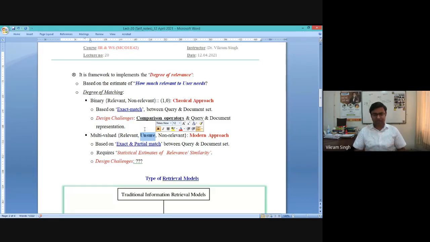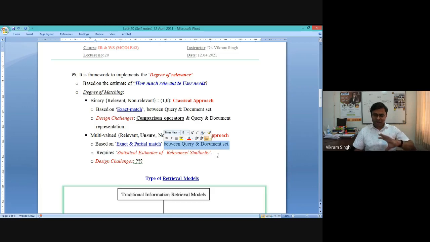This third degree of matching is captured in most modern retrieval models, and it says we are going to capture all the possible exact matching and partial matching on the documents between user query and document set.